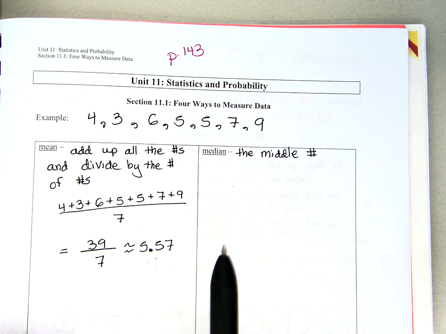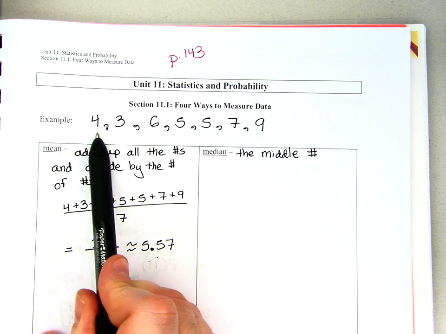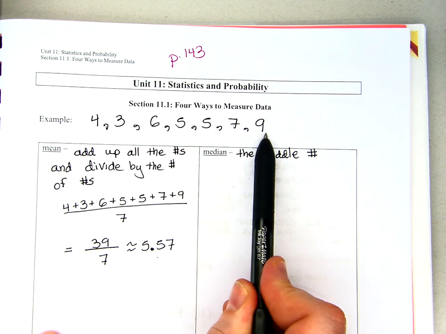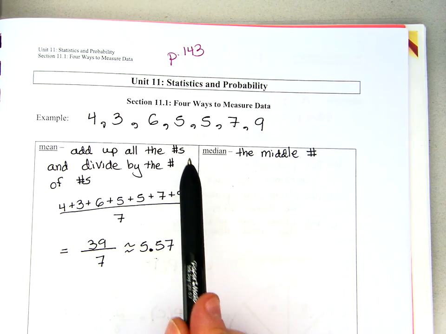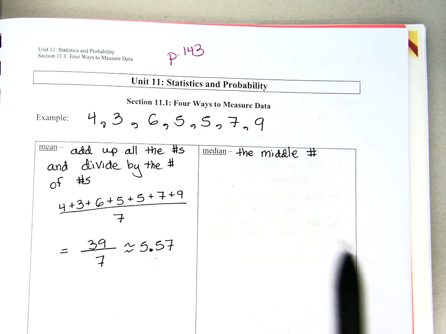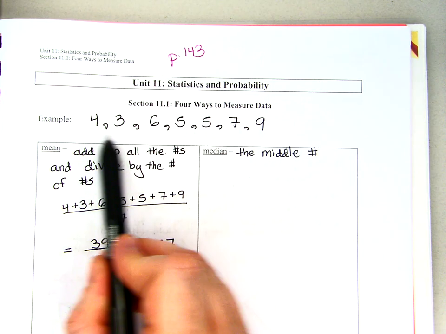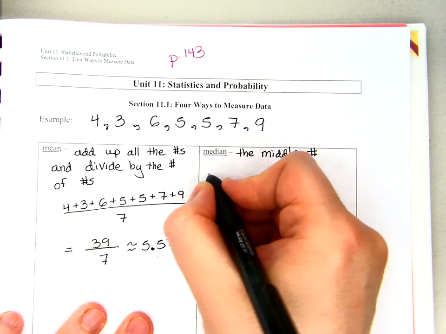However, it is not good enough to look at these numbers over here and just kind of figure out what thing is in the middle, because if you rearrange the numbers, you'll get a totally different thing in the middle. The median, the middle number, only works once the numbers are arranged in order.